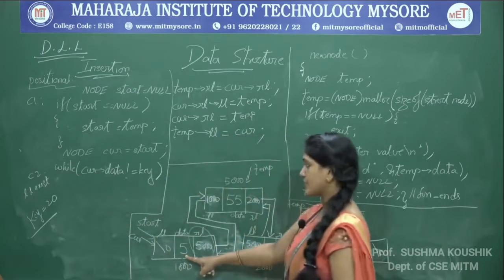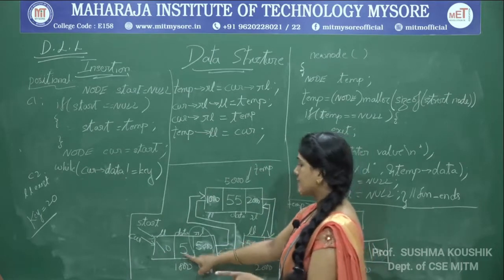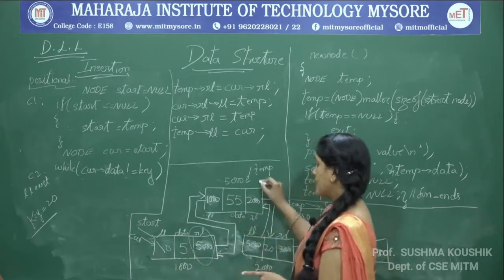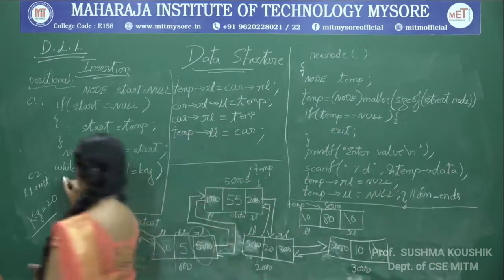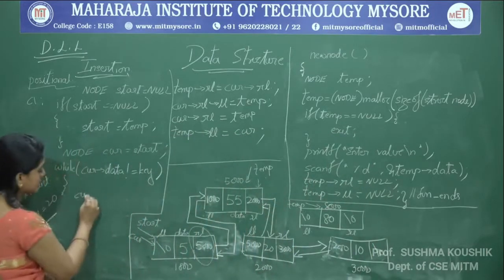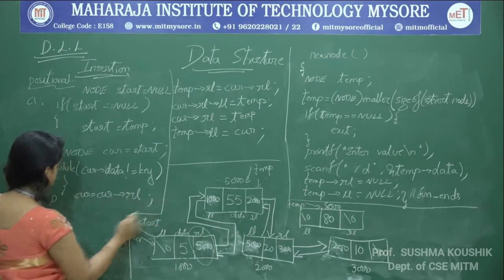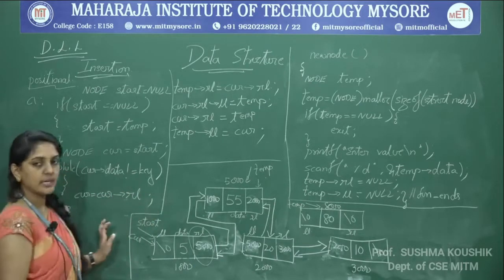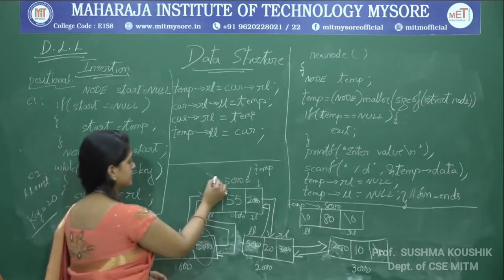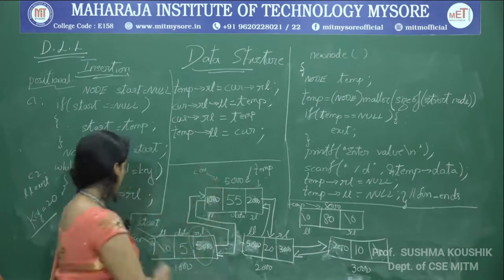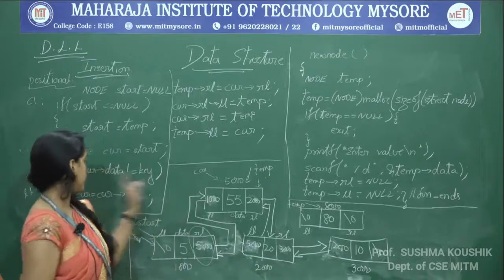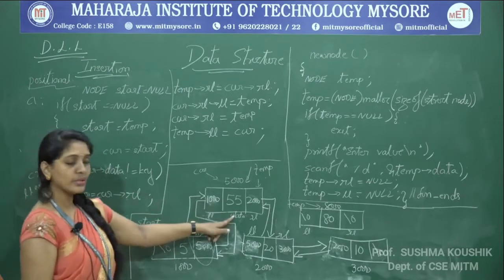Current of data is not equal to key. Key is 20 now. So traverse, current is equal to current of RL. Current is here. So I have to do what? Current is equal to current of RL. Keep traversing it. Okay, until when? Current is here now. So is current of data equal to key?